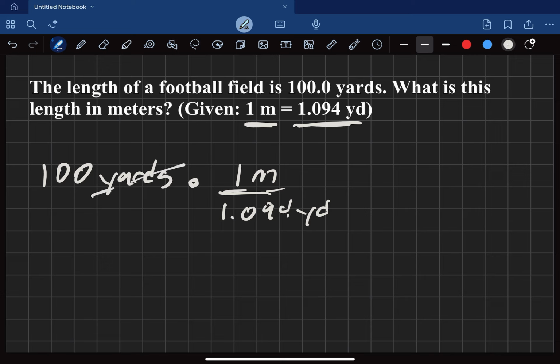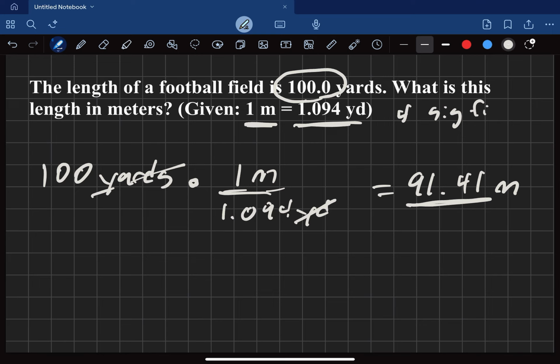So the yards will cancel, and we'll be left with 100 divided by 1.094 meters. And that just equals 91.41 meters. And it's actually a little bit different than this. But the reason I report this is because in our problem, you can see that our number of interest has 4 significant figures. So we're going to report our answer in 4 significant figures.